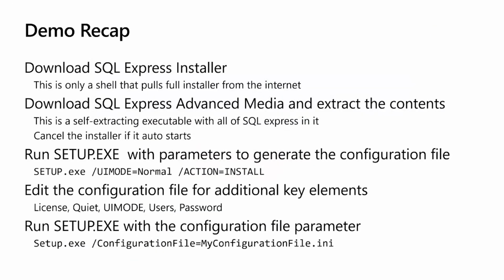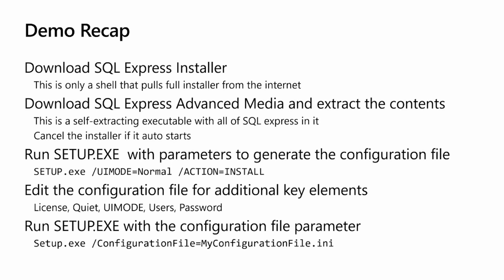Okay, so I'm going to do a quick recap on what we saw. So we downloaded the installer, and we actually then extract the redistributable for SQL Express. Then we ran the setup.exe with parameters so that we can capture our choices and save them in a configuration file.